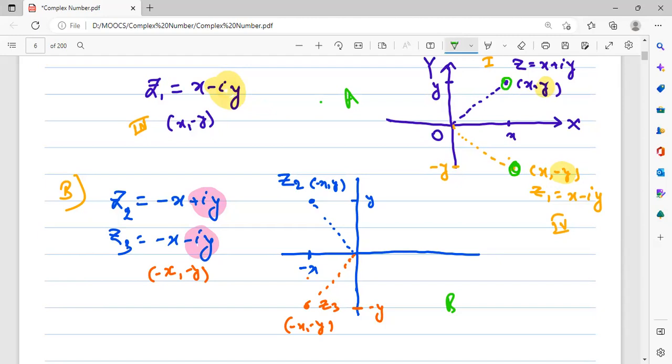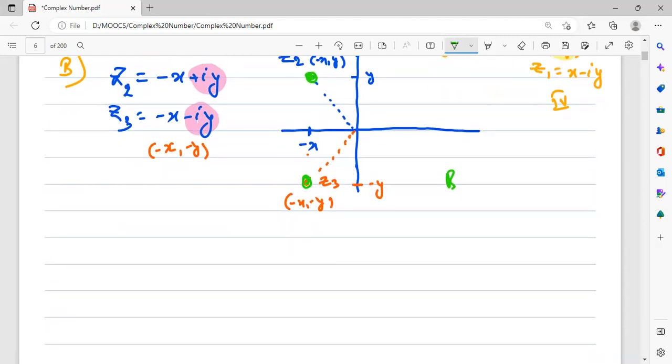If a point is in the second quadrant, we get its mirror image in the third quadrant. That means if I have any complex number z equal to x plus iy, then the complex number x minus iy is just a mirror image of my given complex number.